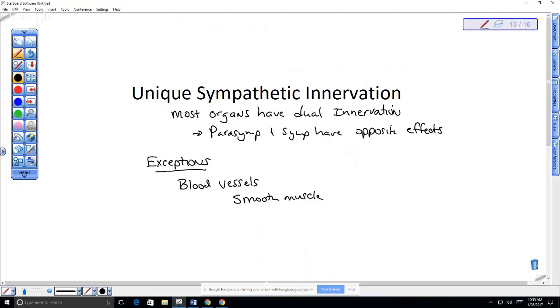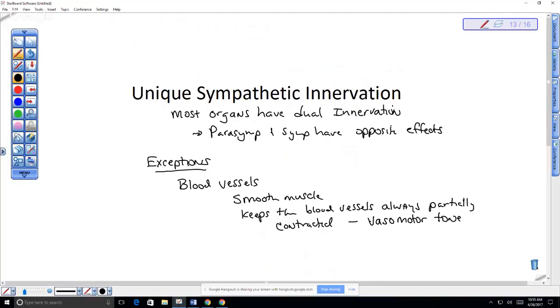We can sometimes refer to what is called smooth muscle tone. This keeps the blood vessels under a partial state of constant contraction, and this is called vasomotor tone.